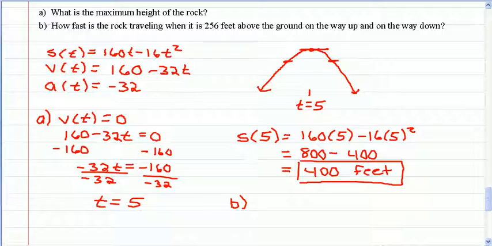So since 256 is a height, I take the position function s of t and I set it equal to 256. So 160t minus 16t squared is equal to 256, and I want to solve for t.